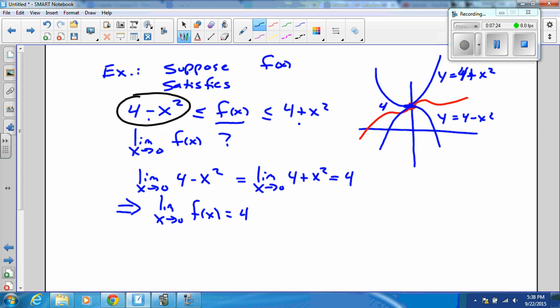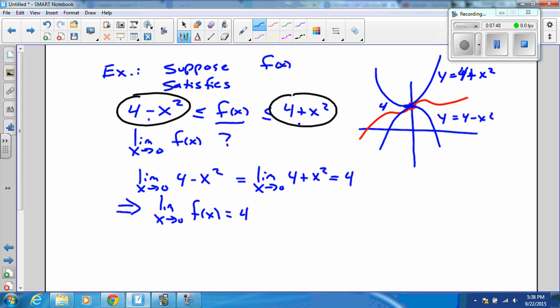Now, you may ask yourself, how did I find these bounding functions to begin with? And the good news for you is that you will almost never have to find these bounding functions for yourself at this level. Later on in Calc 2, we will do some examples where we have to find some bounding functions.